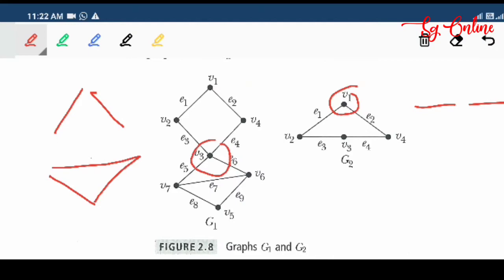If you delete V2, the graph is still connected. Similarly, if you delete V3, the graph is still connected. If you delete V4, then as with V2, the graph is connected. And so there is no cut vertex in the graph G2. But in the graph G1, we have seen that V3 is a cut vertex.